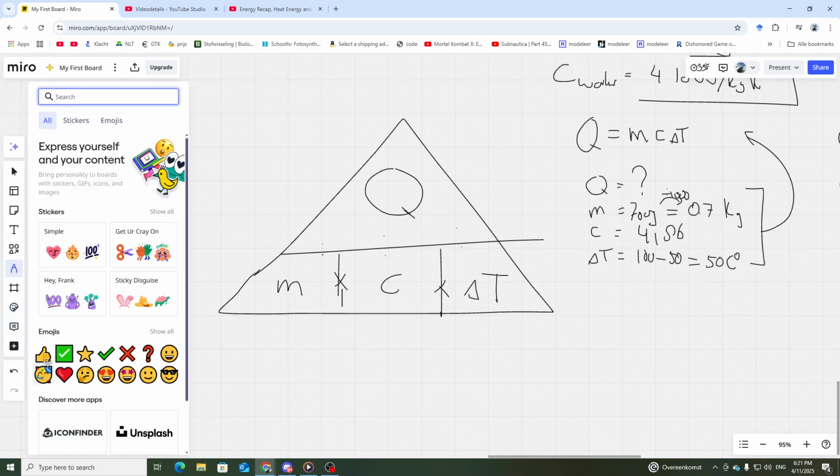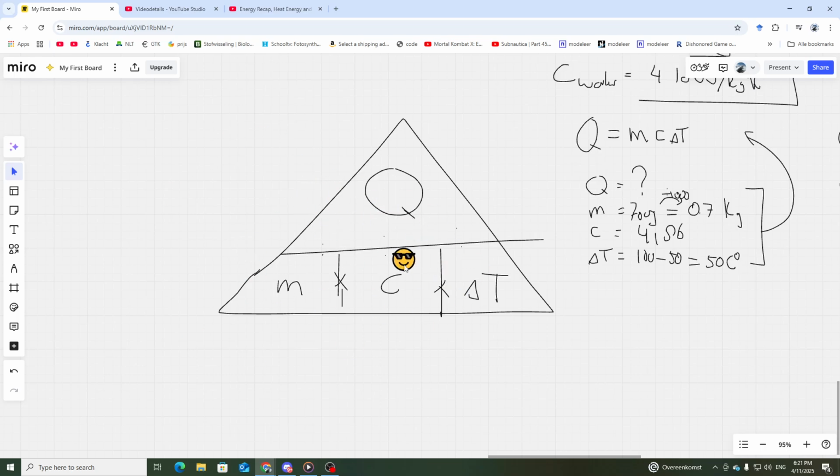If I need to calculate something for my triangle, let's say in our question we had to calculate Q, I will cover Q with my hand, and then I can see my formula, correct? So I can see that Q, what I have covered, is equal to M times C times delta T.